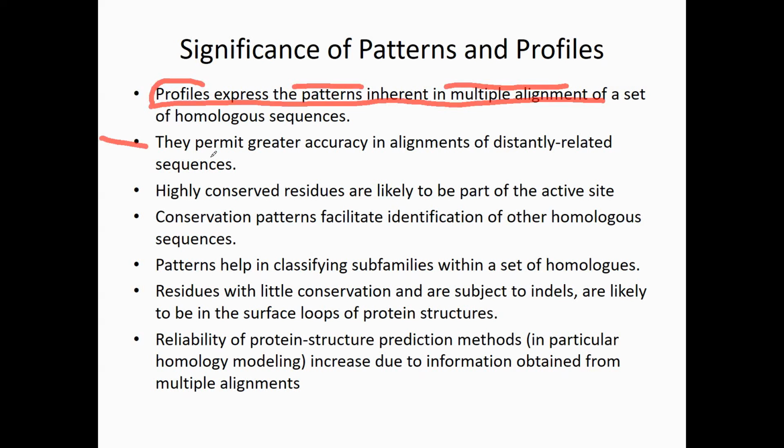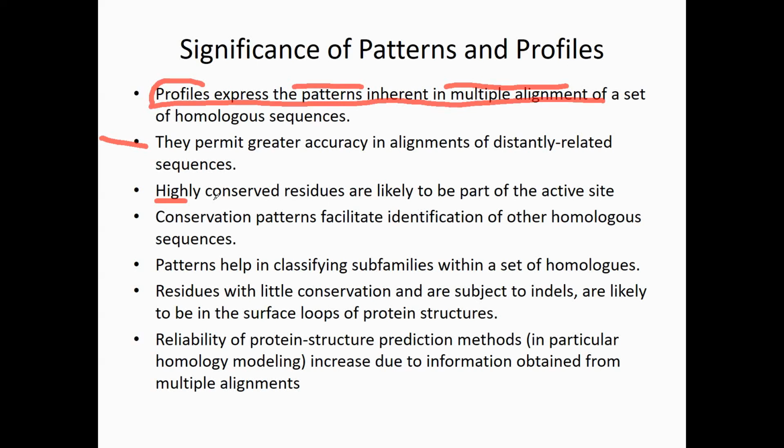Profiles permit greater accuracy in alignments of distantly related sequences. So these profiles and patterns provide greater accuracy of the alignment. Highly conserved residues are likely to be part of the active site, or an important site of the protein.